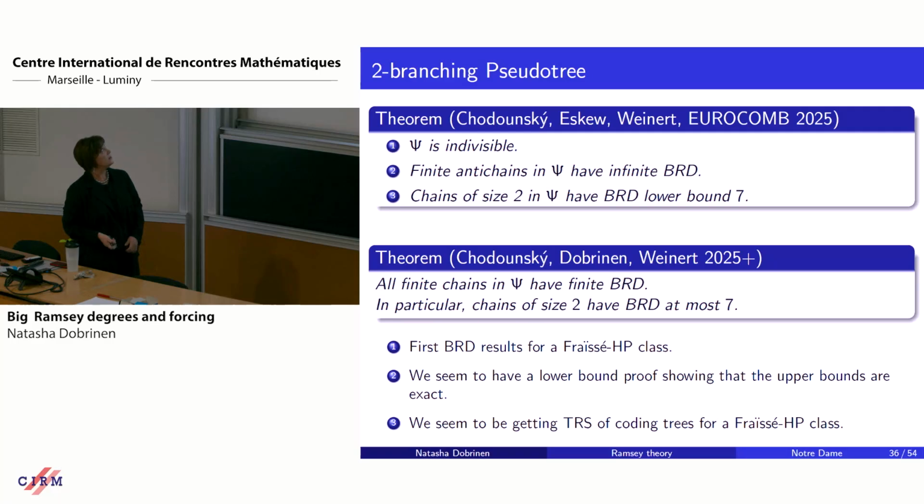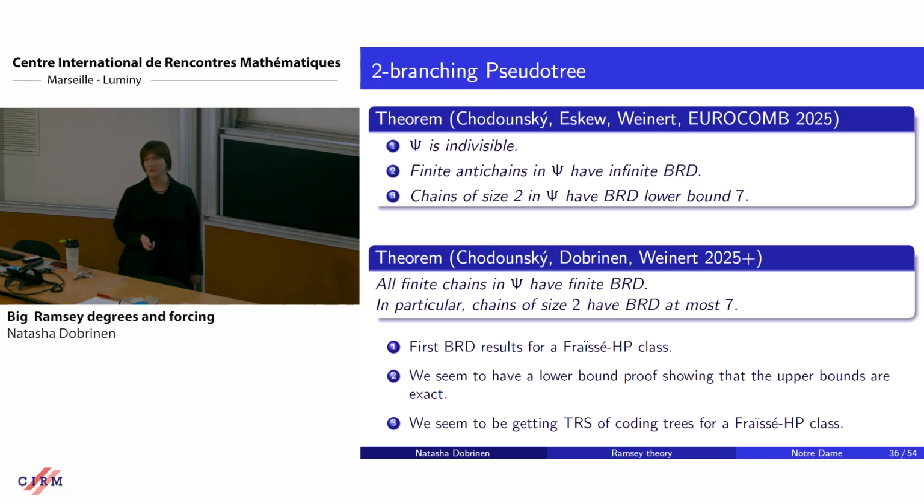Okay, so I mentioned this result before, but I'll say it more slowly now. In this paper, Hodkinson, Eskew, and Weinert showed that the 2-branching pseudo-tree is indivisible, and that finite antichains have infinite Big Ramsey degree.